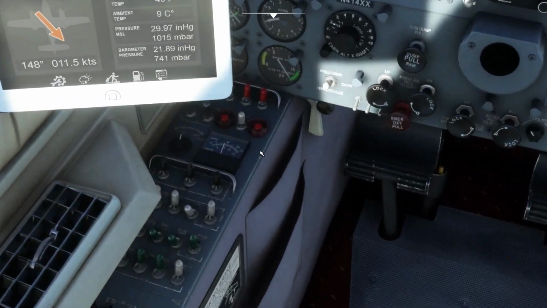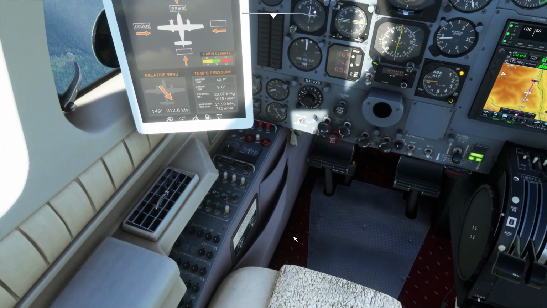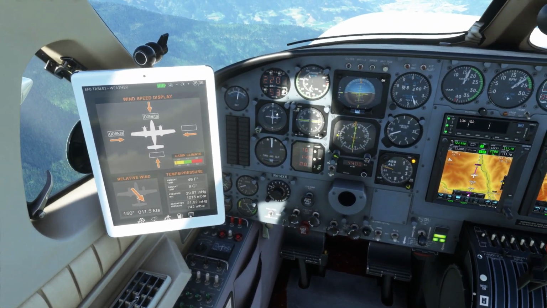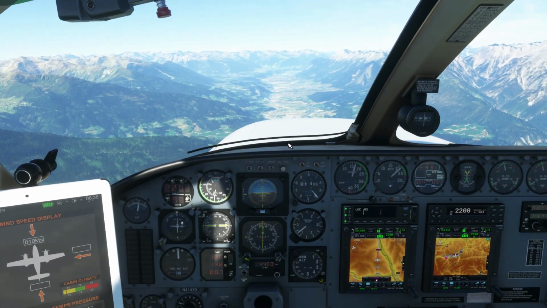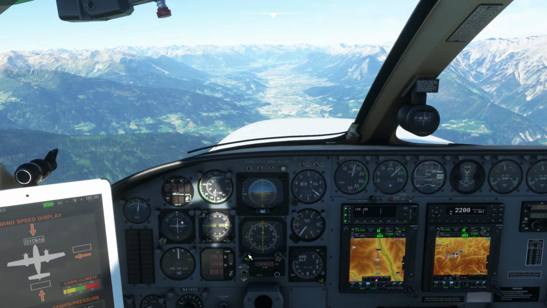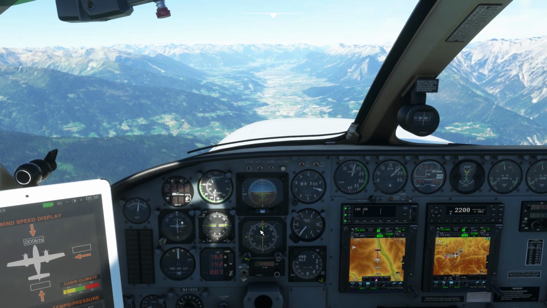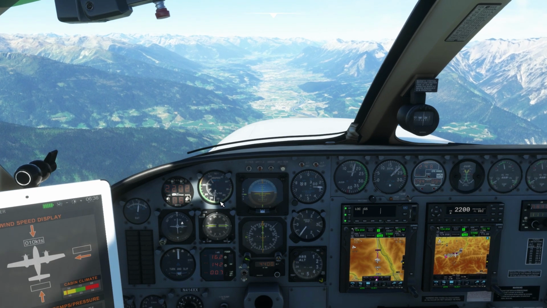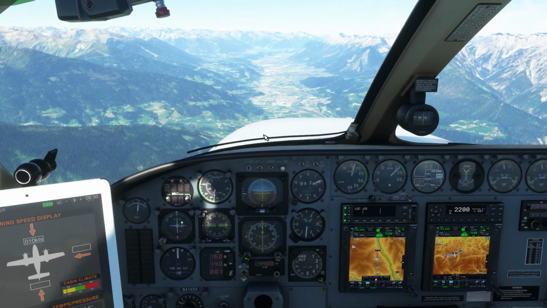Okay, let's say we've got clearance to land. Just another thing I won't have to do. We are, sorry about that, on profile. We are getting to 120. Let's put in more flaps.